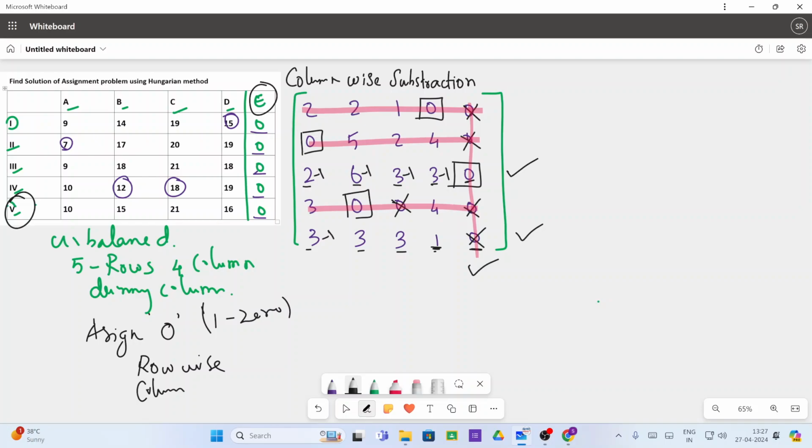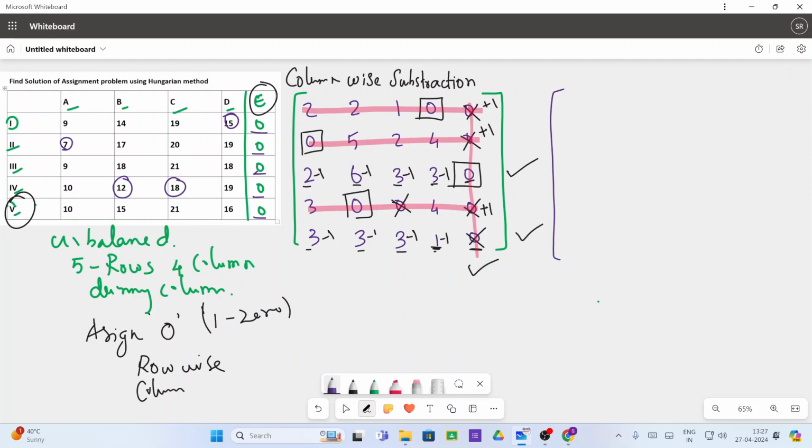And wherever there is an intersection of lines, where two lines are intersecting, you have to add 1. Here two lines are intersecting, so add 1. Here again two lines are intersecting, so add 1. That should reflect in the next table.